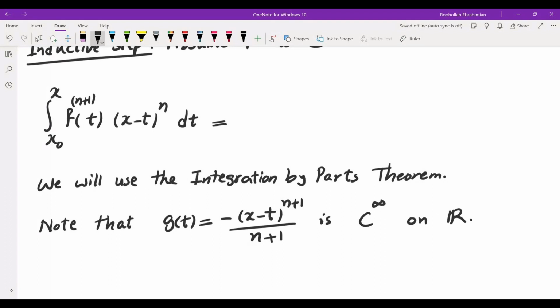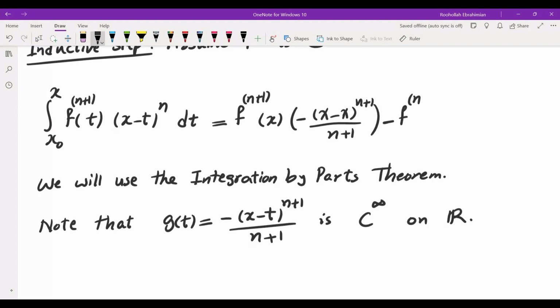So we can apply integration by parts. For integration by parts, I have f^(n+1) evaluated at the endpoint x times this function, minus (x minus x)^(n+1) over n plus 1, minus f^(n+1) of x0 times minus (x minus x0) to the power of n plus 1 over n plus 1.